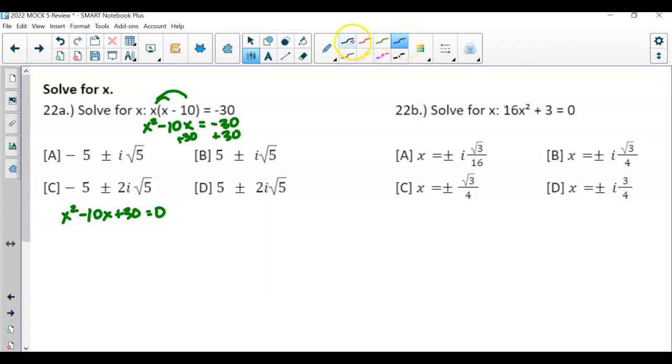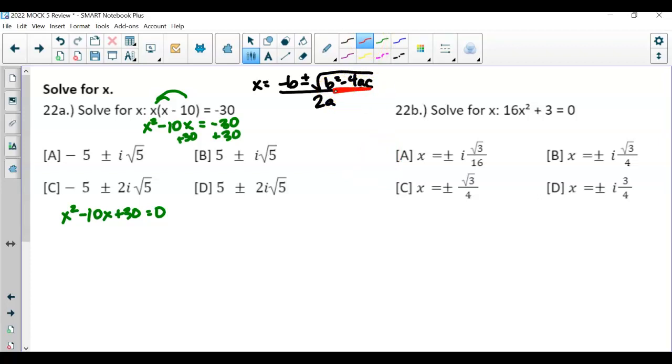Remember, quadratic formula is x is equal to -b plus or minus the square root of the discriminant, b squared minus 4ac, all over 2a. Now, I'm going to focus on first getting the discriminant.